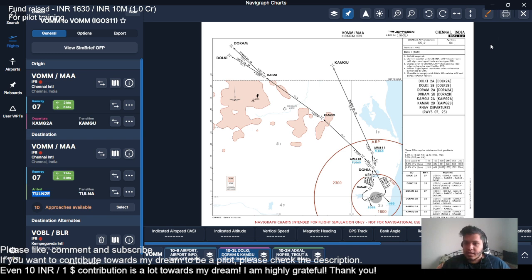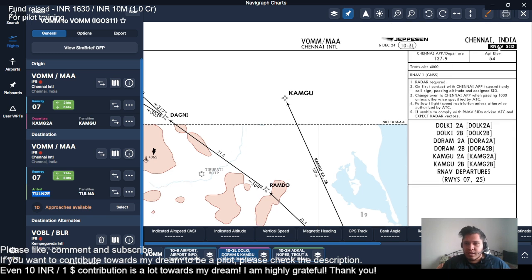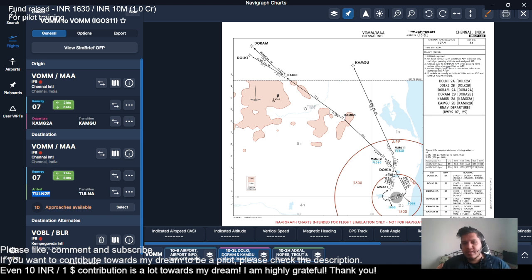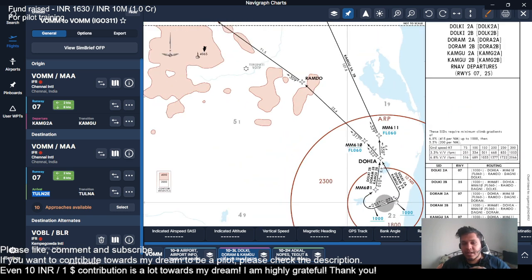As you can see, this is Chennai, India, and this is an RNAV SID. So what is the difference between a standard and an RNAV SID? A standard SID is pretty simple. In a standard SID, you don't have the RNAV points like this one, Dohia. Dohia is a certain GPS point, a certain latitude and longitude, but in a conventional SID you will not have Dohia.